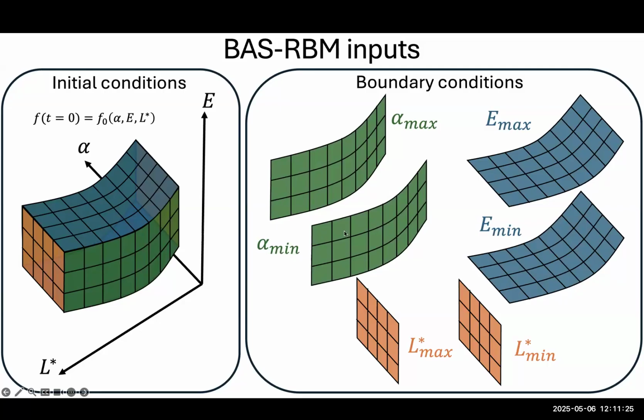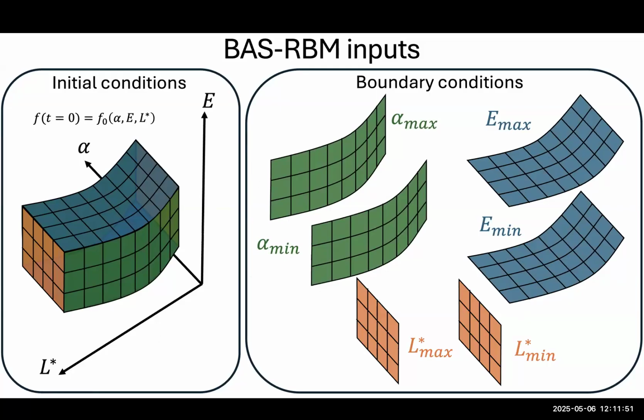So there are 6 of these, 1 at each maximum and minimum pitch angle, maximum and minimum energy, and maximum and minimum L star. So these are the things that we need to specify. So the initial conditions, for example, can come from a previous model run.